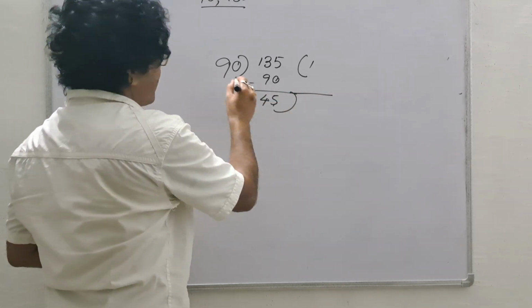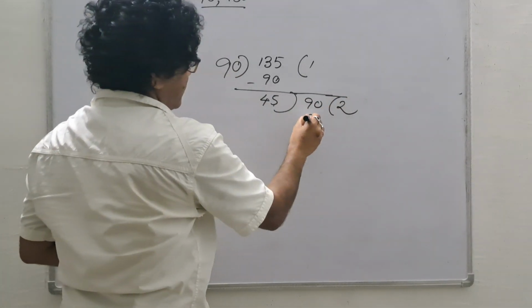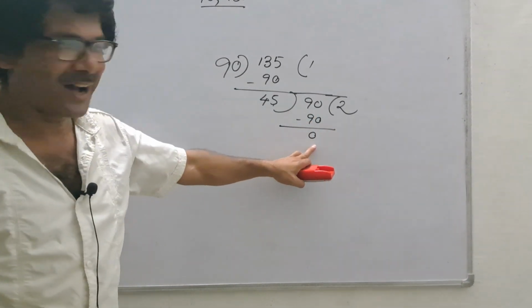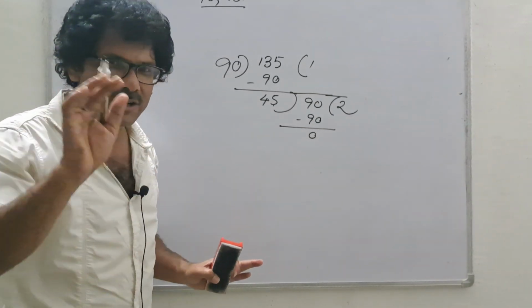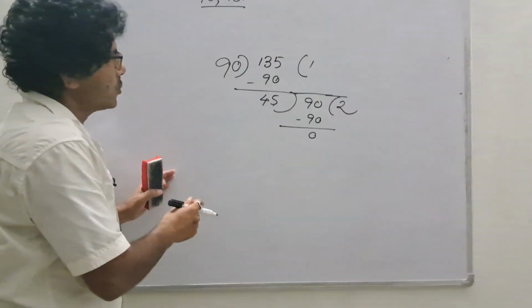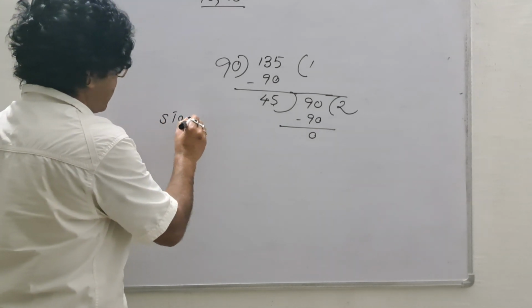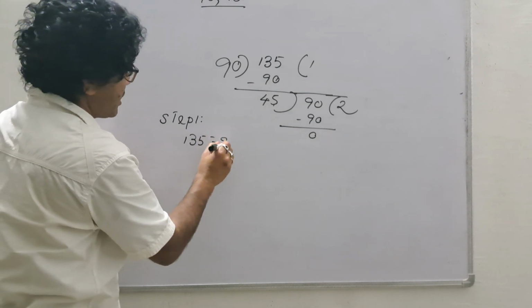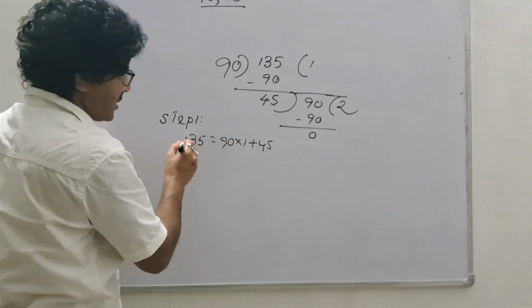Then divide 90 by this 45. What do you get? 2. Remainder 0, also called cipher. So you see, step 1: 135 is equal to 90 multiplied by 1 plus 45.